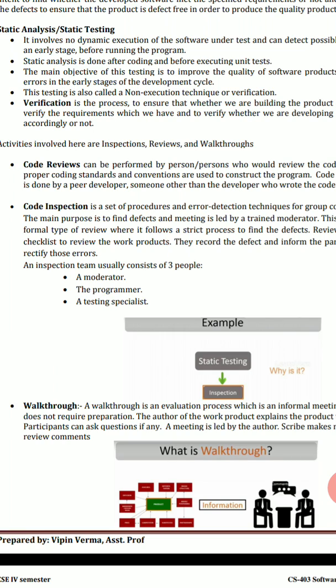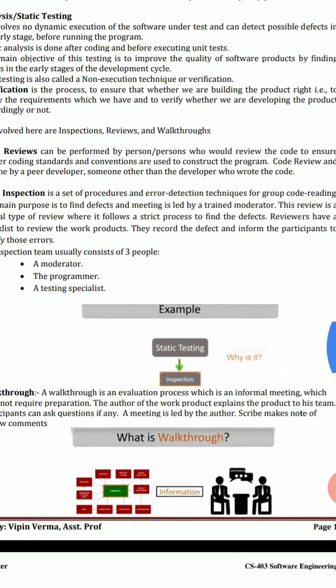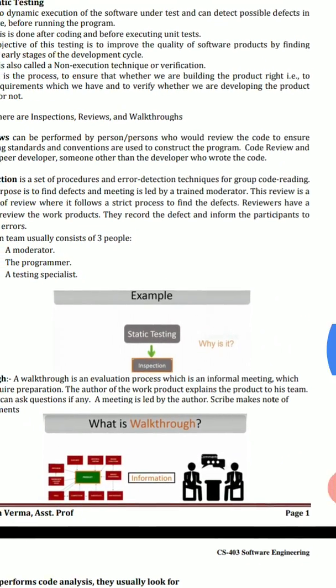The main purpose of code inspection is to find defects, and the meeting is led by a trained moderator, and then they all review that code.